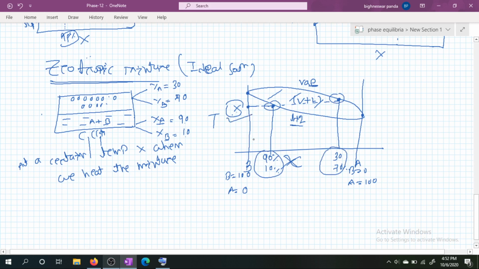Such a mixture, in which two different compositions exist for the liquid phase and vapor phase at a temperature, is called a zeotropic mixture. Such composition is also called zeotropic composition. So this is zeotropic mixture and the composition is called zeotropic composition.